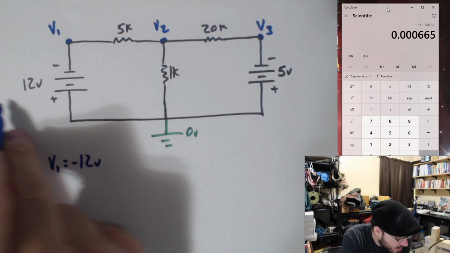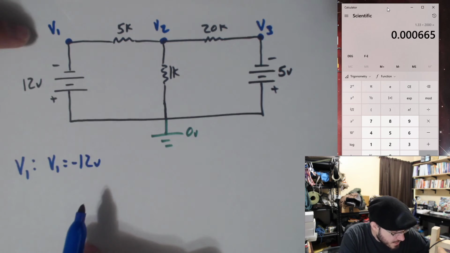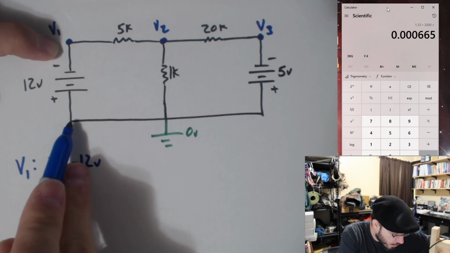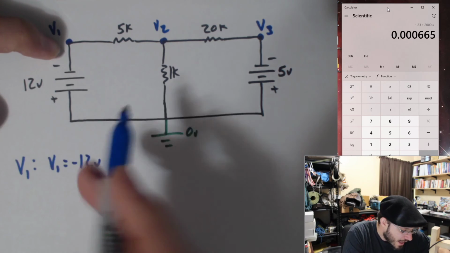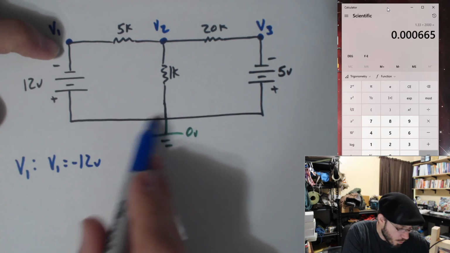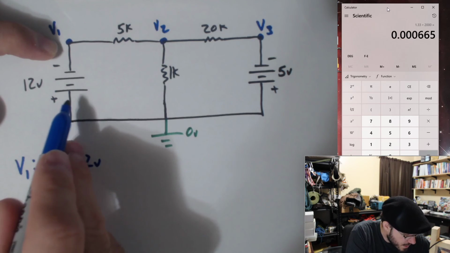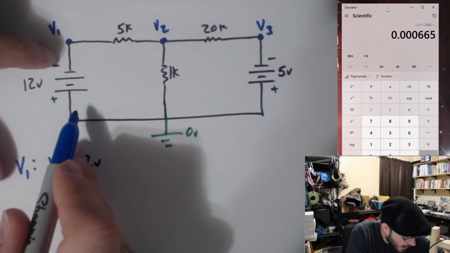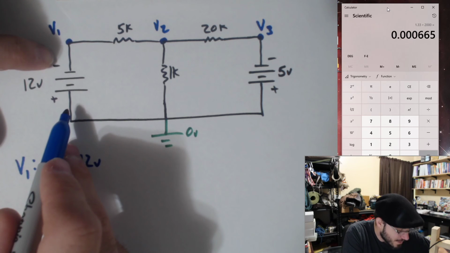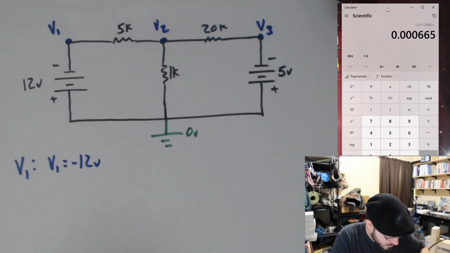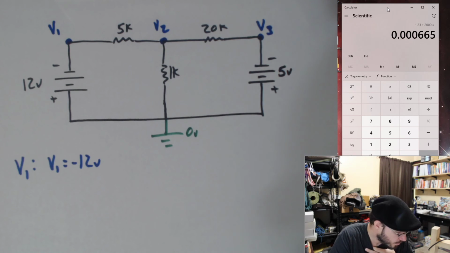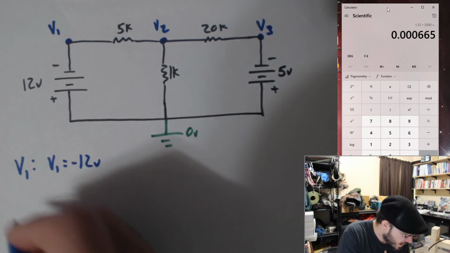So the other side of this 12 volts needs to be 12 volts lower than 0 volts. You with me on that? So if this is 0 volts, which is what I did when I labeled this as my reference node, then the other side of this battery is going to have to be minus 12 volts. Okay? Let's do the other super easy one.